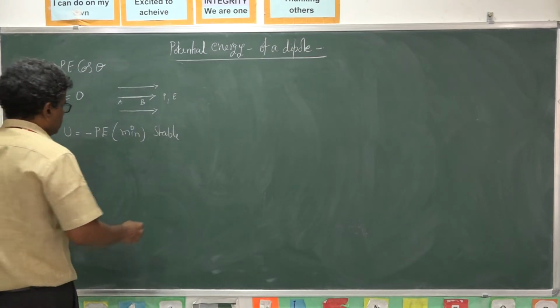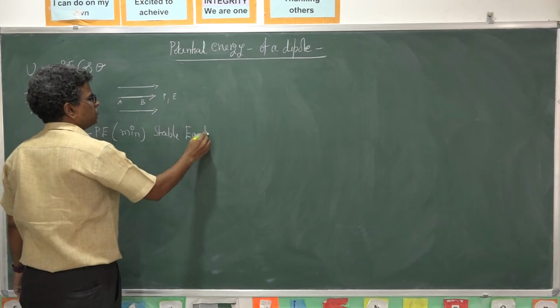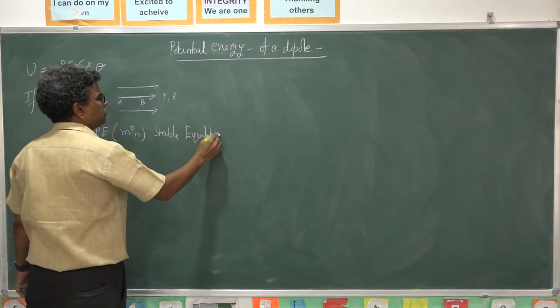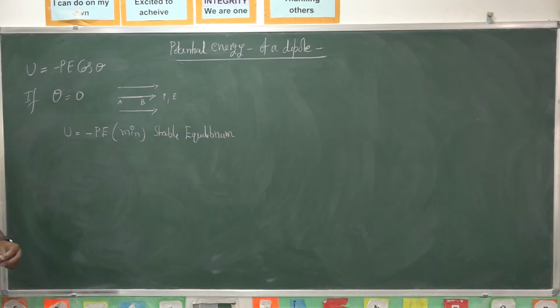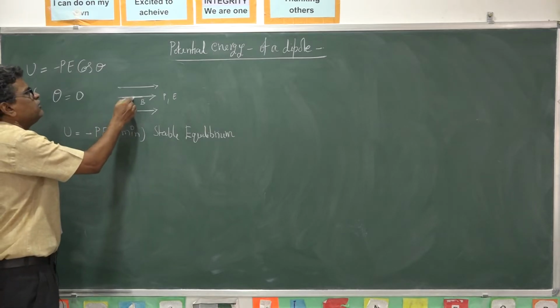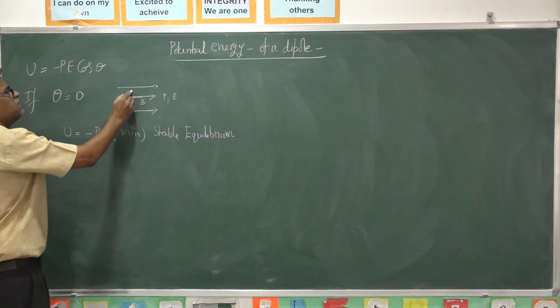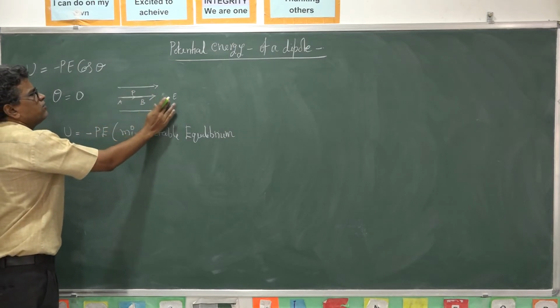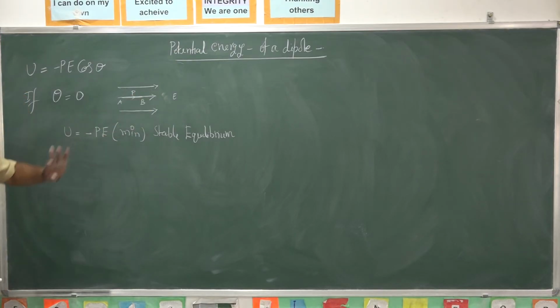When the dipole moment is parallel to the electric field, these lines being the direction of E, then it is under stable equilibrium.